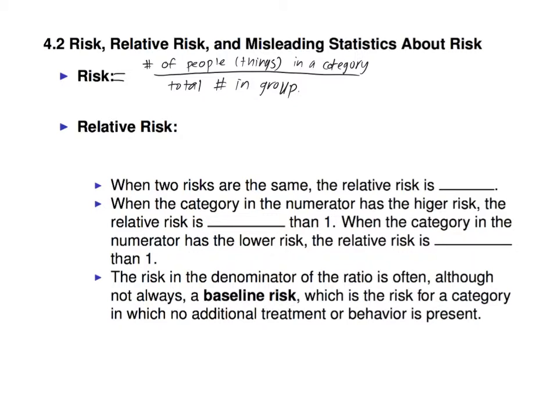And something else that comes up a lot is something called relative risk. How you compute this, you're comparing 2 categories in this case. This is equal to the risk in category 1 over the risk in category 2.